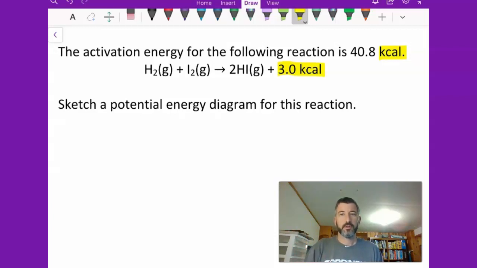In other words, if I'm given this activation energy of almost 41 kilocalories and a delta H of just 3 kilocalories, how does that affect the shape of your potential energy diagram? So go ahead and sketch it on your own in the space there, and then I'm going to give you some pictures that I drew that you can choose from and see which one best matches yours.